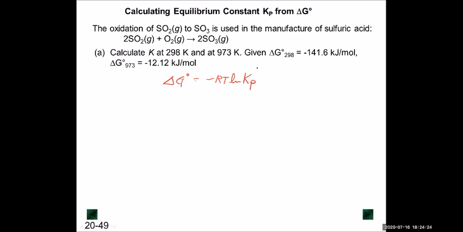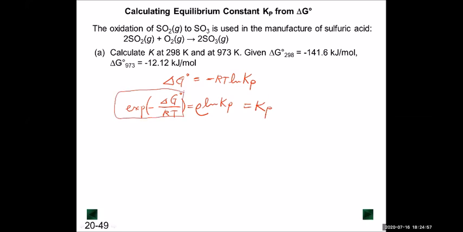To solve for Kp, let's divide by negative RT first, and then raise e to the exponential on both sides. That equals Kp.